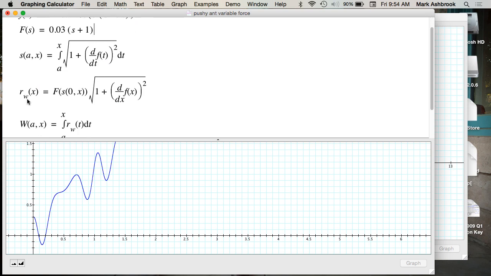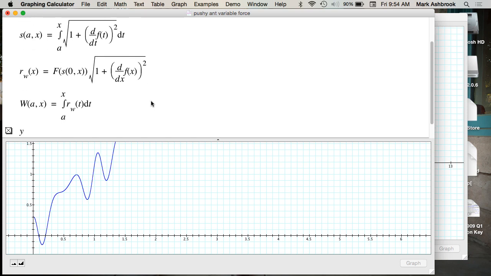And so then the rate of change with respect to x, the horizontal, was this force according to how far the ant had pushed, which is this open form expression, scaled from horizontal to the direction that the ant was going, right? So this is the force that the ant was pushing with at s meters, having walked s meters, and then we had to scale that so that we could have our independent variable be x, right?